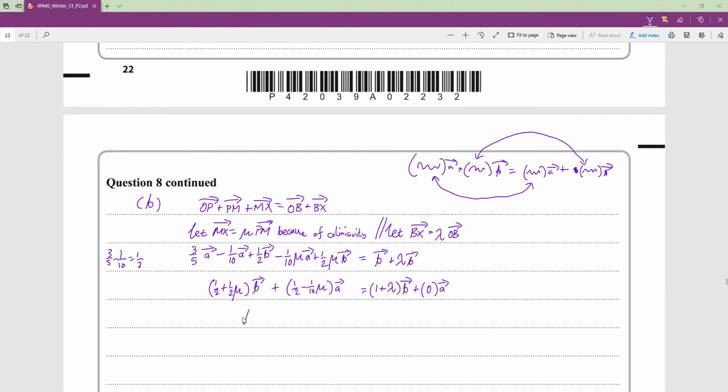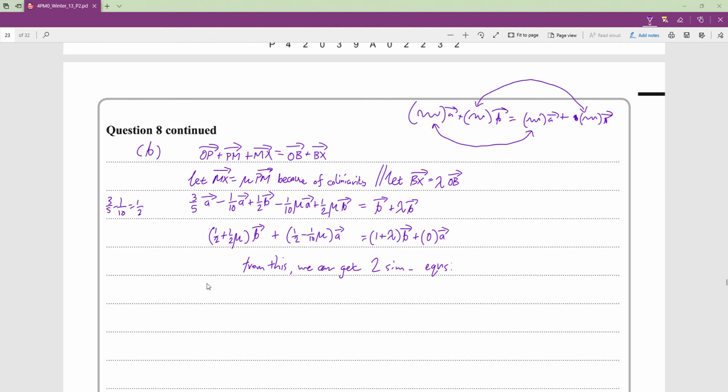So from this, we can get two simultaneous equations. Firstly, that looking at just the a vector, a half minus 1 over 10 mu is equal to 0, because these are the coefficients of the a vector on each side of the equation. And secondly, that a half plus a half mu is equal to 1 plus lambda.